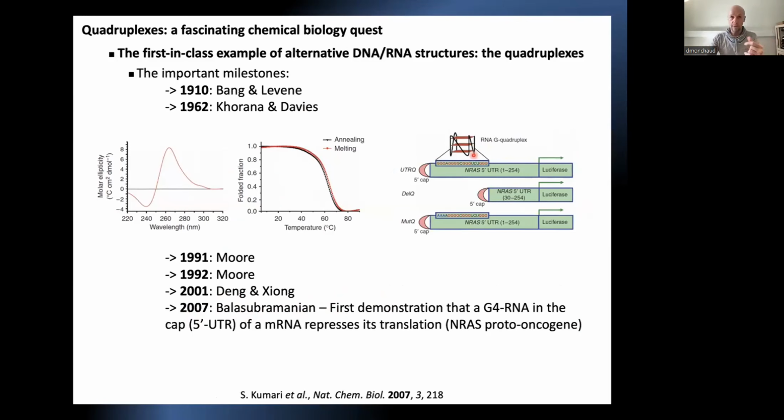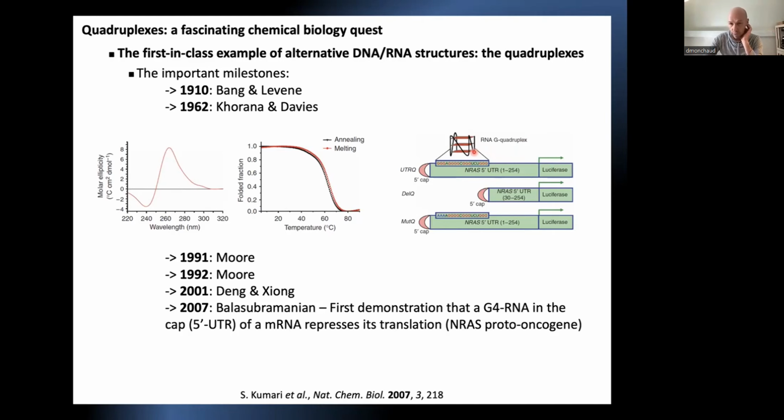In the case of RNA, this quadruplex is in the 5' untranslated region, so the 5' UTR region before an open reading frame that will encode the luciferase, for example. And then what Shankar showed is that if this quadruplex within this 5' UTR is folded, then the luciferase expression decreases.